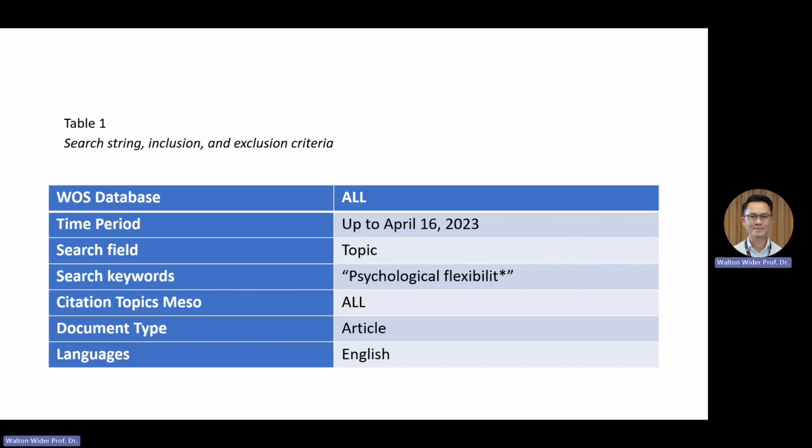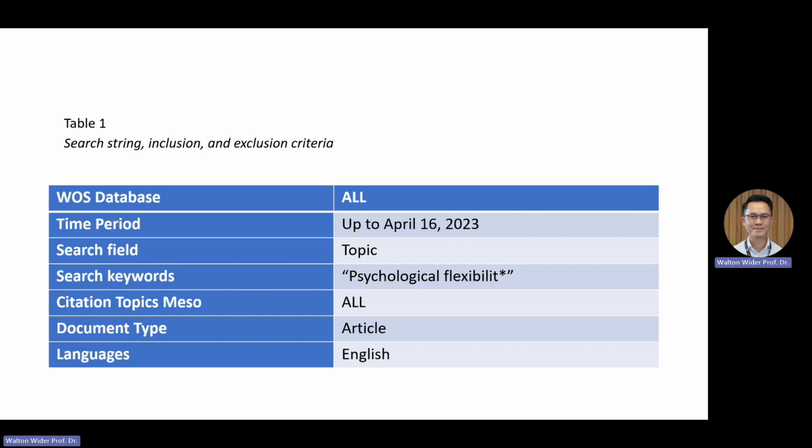So I believe there are more papers published after April 16th. Until now, it's been more than 5-6 months, I believe. So this research was conducted on April 16th. Therefore, only publications from its inception to April 16th were considered.